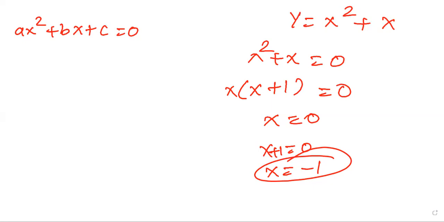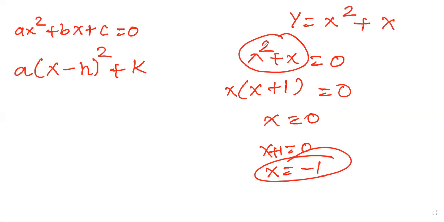Actually, you have to follow this general equation. The actual form for the quadratic equation is a times x minus h the whole square plus k. Here we have the coefficients as 1 luckily, so you are able to get the answer straight away.